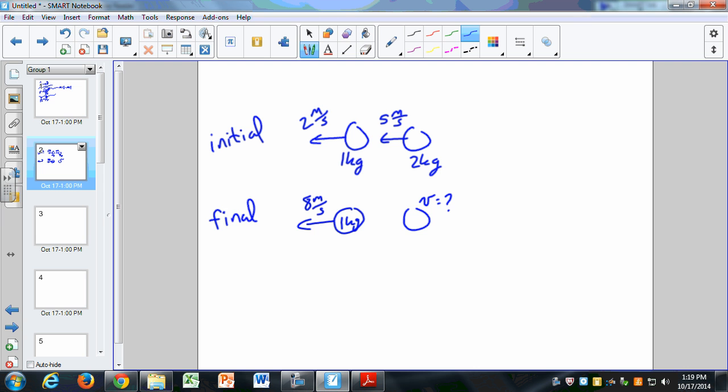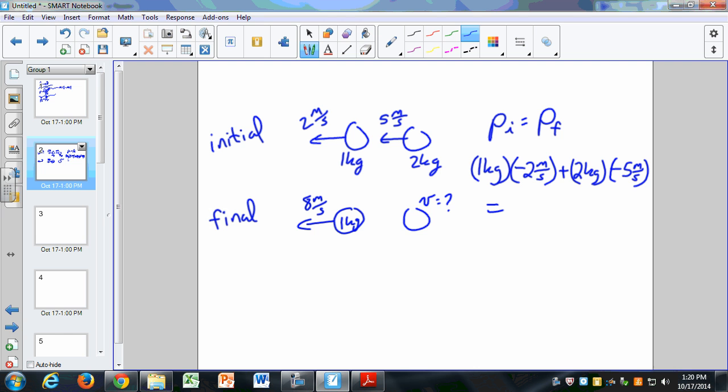We'll just say that our initial momentum equals final momentum. The initial is going to be 1 kilogram, that's the mass, times negative 2 meters per second, that's the initial velocity, plus 2 kilograms times negative 5.